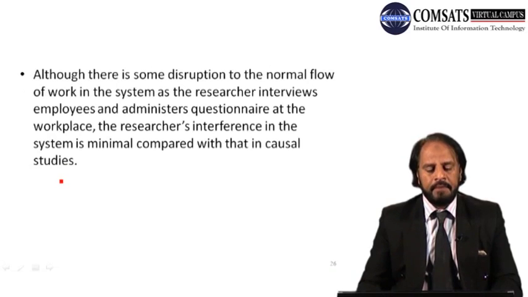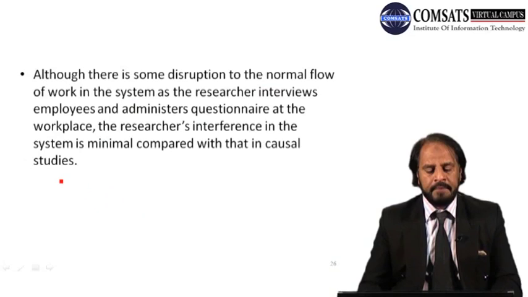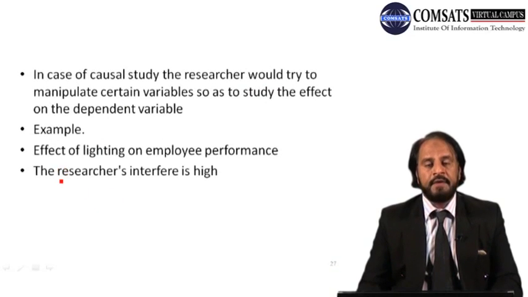As we were saying, when the interference is high, we also need to think in terms of the kind of resources required by the researcher to conduct this research, which will be different compared to the resources required by a researcher whose interference is low.